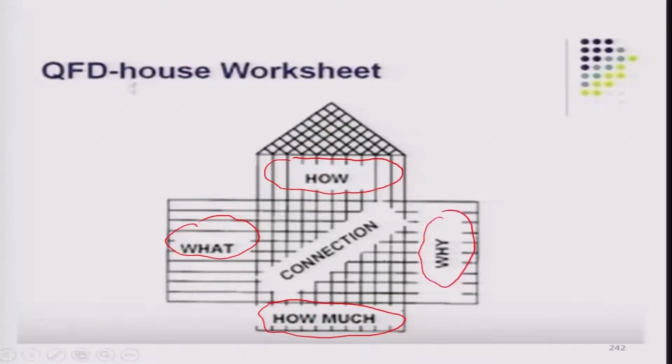So there is a common connection between all the different questions here, what, how, why, and how much, and that's the organized way of looking at the product development process or a process development scheme. There is of course a roof part also, which talks about correlations between the different hows.